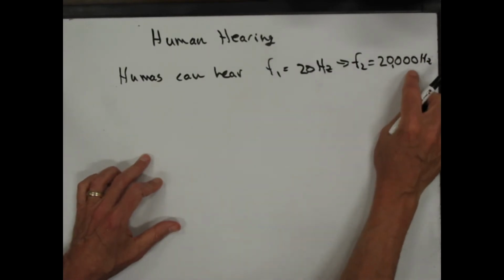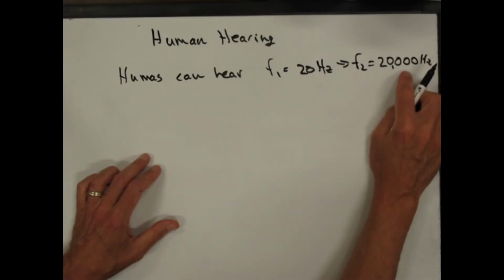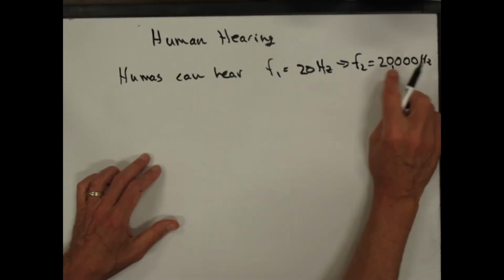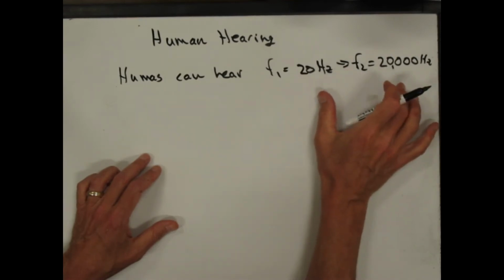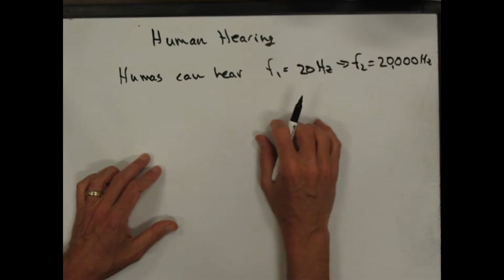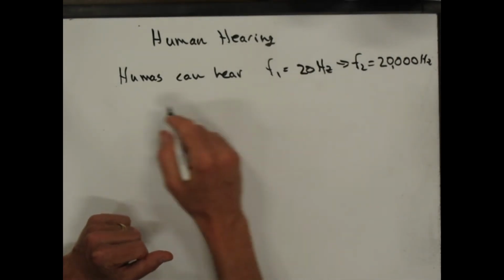This is way off the top of the piano. These are just really extremes. Most people can't hear this. I certainly can't. Or this probably, but somewhere in the middle. But the younger you are and the healthier your ears are, the more likely you are to hear those inside that range. So humans can hear over that range.